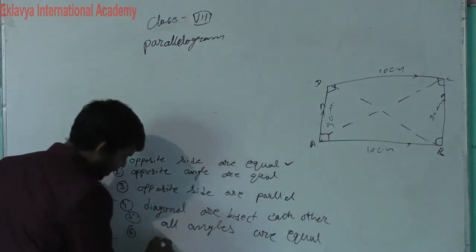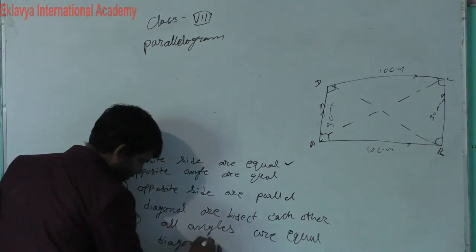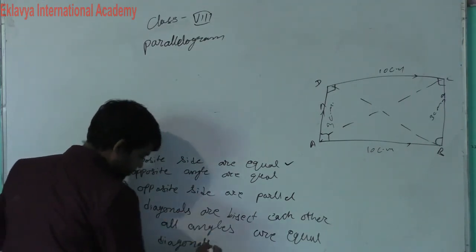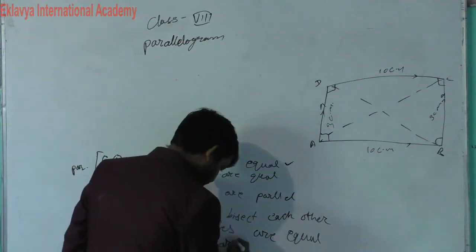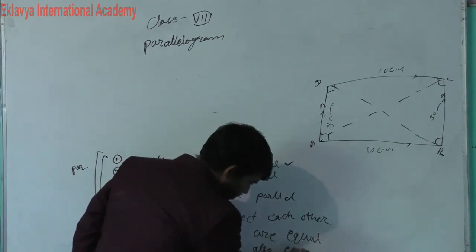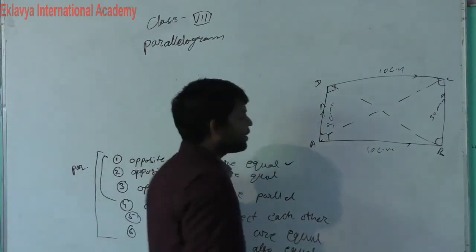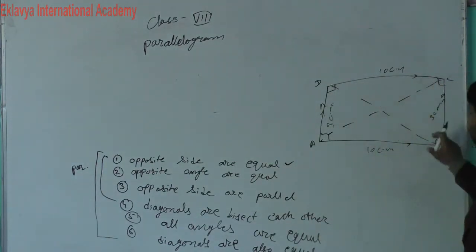And diagonals are also equal. It means here we will see that all angles are 90 degree.